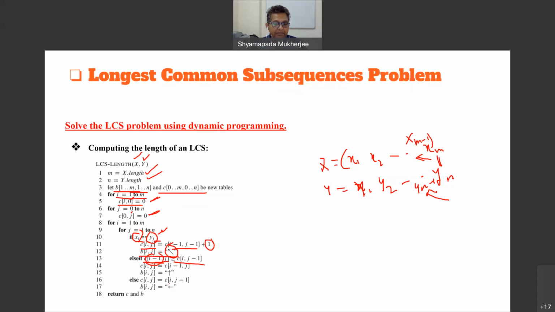What does it mean? We need to reduce the row. If this is a table, we are just reducing the row. If it is the ith row, then we need to see the i minus 1 row.